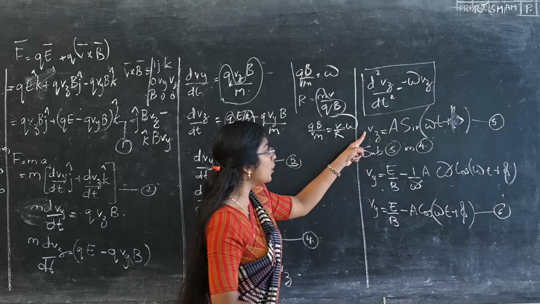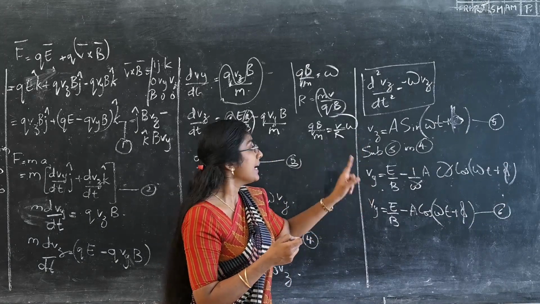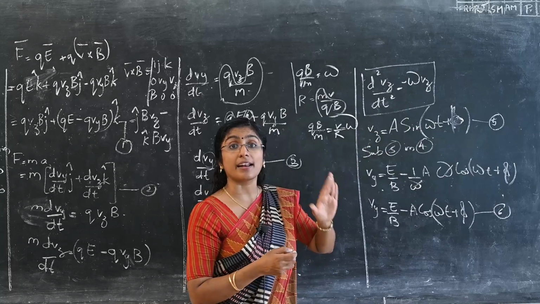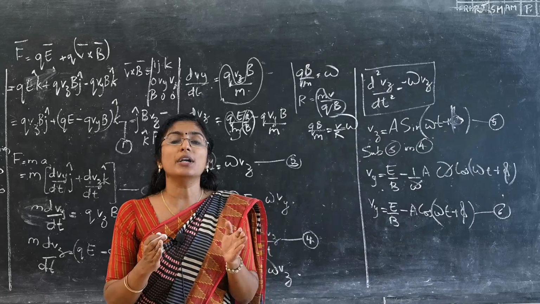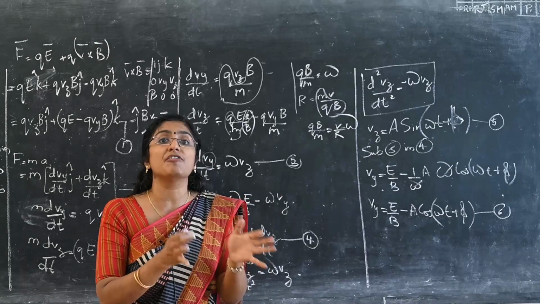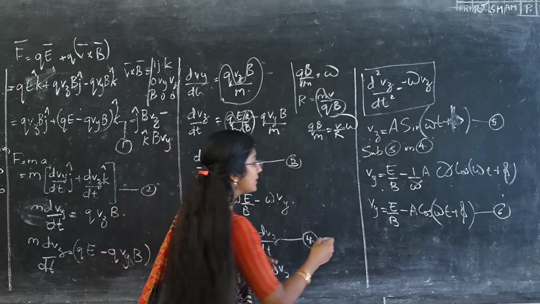So I have got the equation for Vz, I have got the equation for Vy. The only unknowns here are A and phi. Now we have to determine A and phi, then only our solutions for Vz and Vy become complete. So that is our next step.